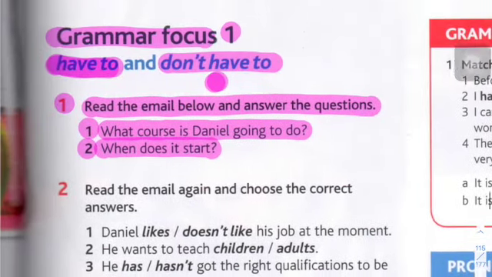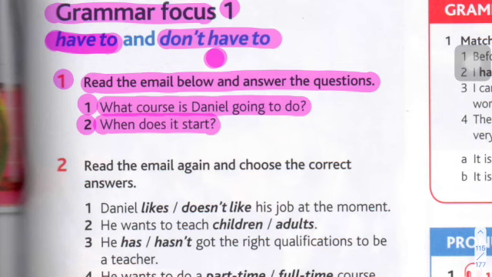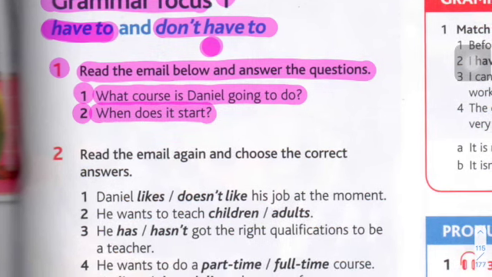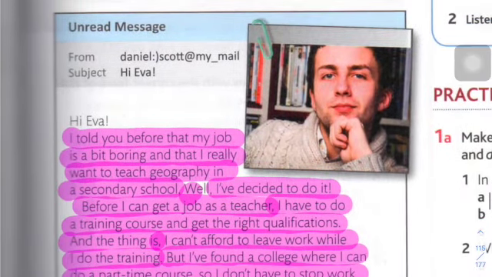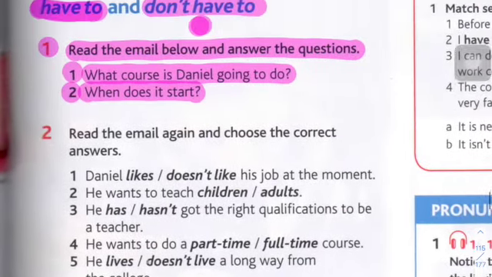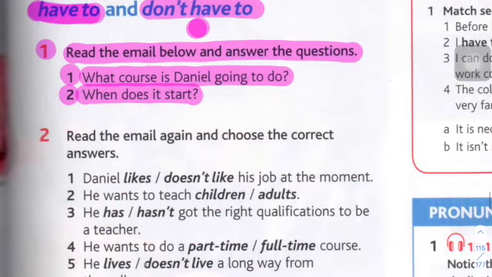So the questions. Question one: what course is Daniel going to do? Daniel is going to teach geography, so probably he's going to do a course in geography.